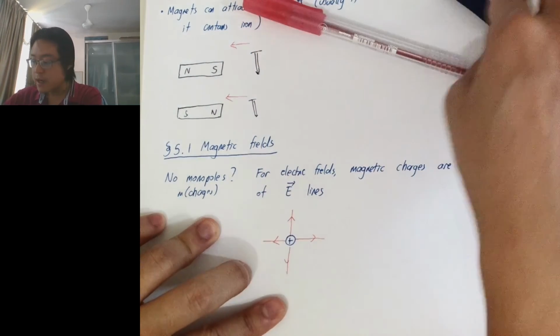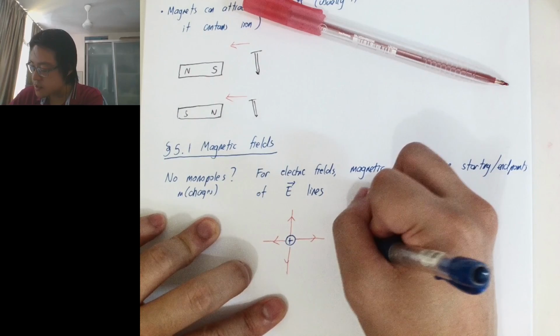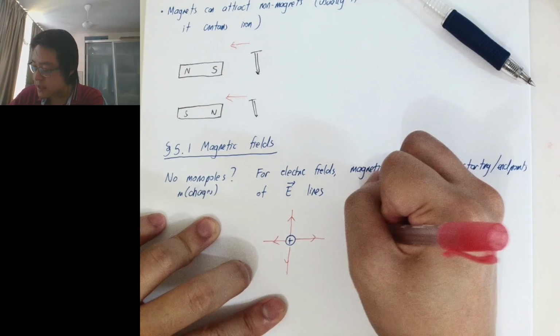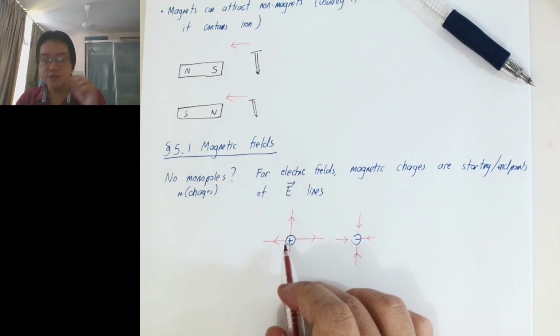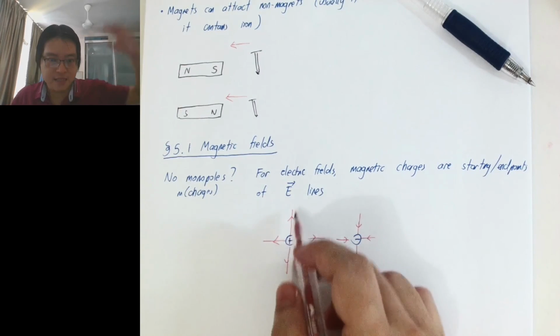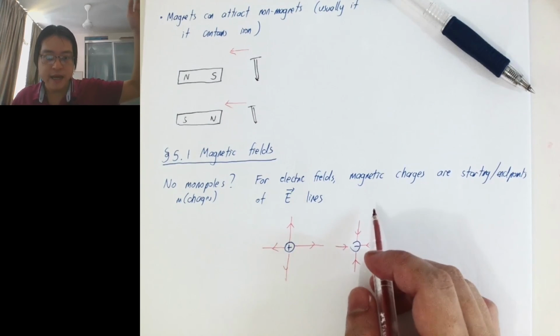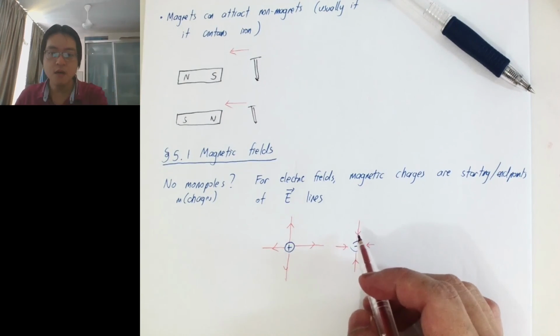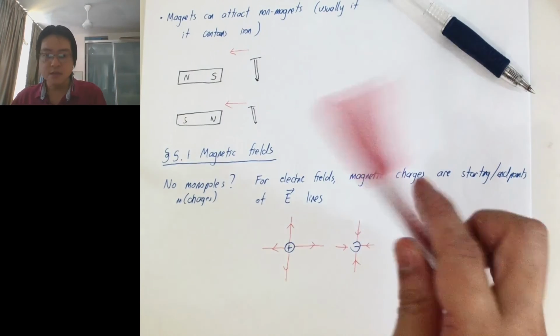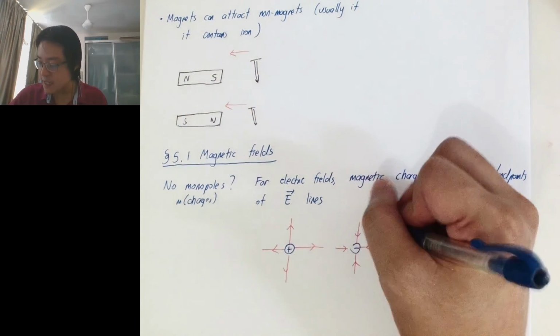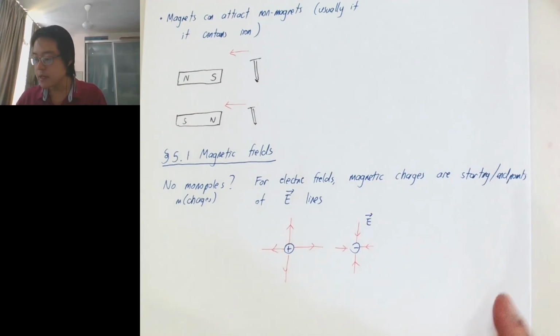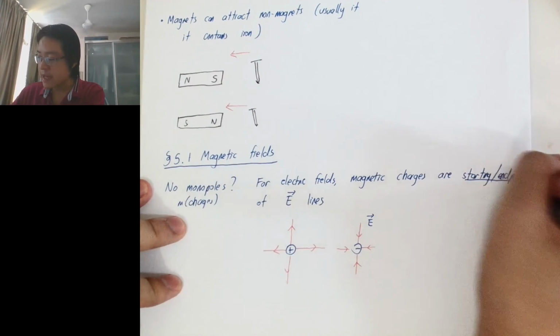And if I have a negative charge, then the electric field comes into the negative charge. So the lines start from positive charges and terminate on negative charges. So these are the starting and end points.